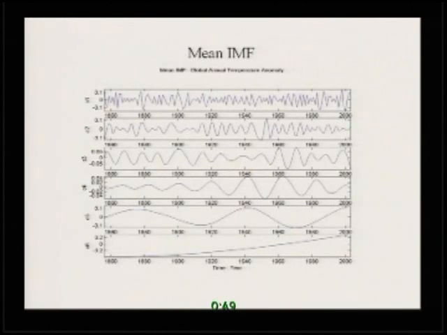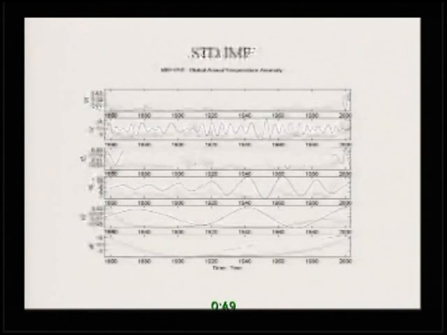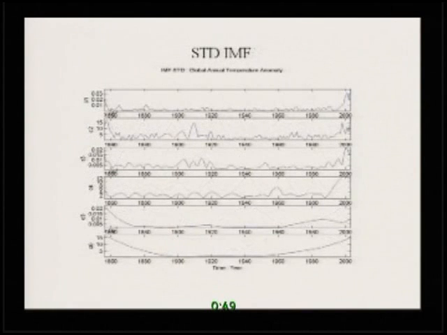Once you get this many different trials, you get a mean, which looks like this, and you get a standard deviation, which is very tiny. So this data is very benign, very nice. It's not very pathological. When you go through the process, you'll find that the standard deviation is small. The only standard deviations that are not small are in the last few components. It has a very large swing.